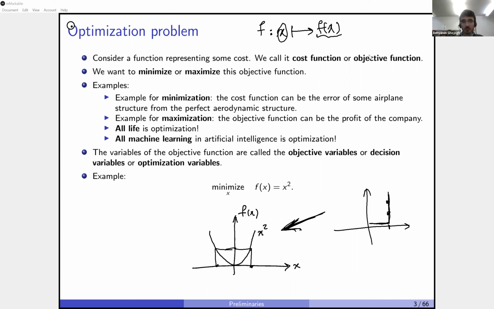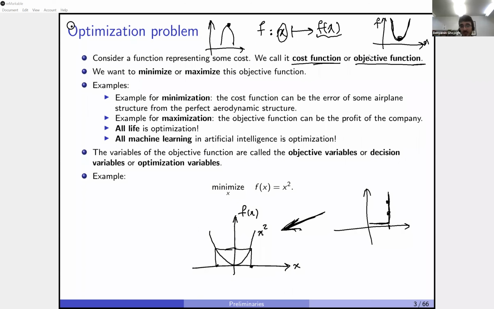So we have a function which we want to find its minimum or maximum. So this is a function. Its minimum is here. Another function is this. We want to find its maximum. We want to find its minimum or maximum, and we usually call it a cost function or an objective function.